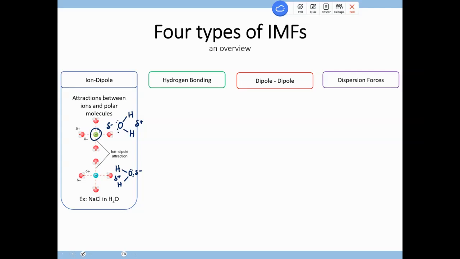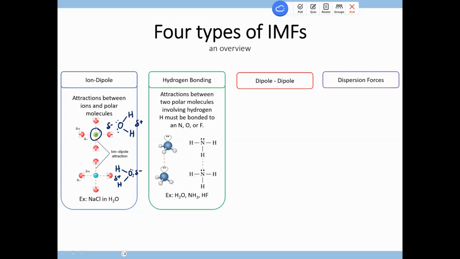Okay, so that's first. Next is hydrogen bonding. We don't have any formal ions here, no cations or anions, but we have very polar molecules. A molecule with a hydrogen bonded to a nitrogen, oxygen, or fluorine results in a hydrogen bonding interaction. The example here is NH3. The NH bond is polar, partial positive near hydrogen, partial negative near nitrogen.